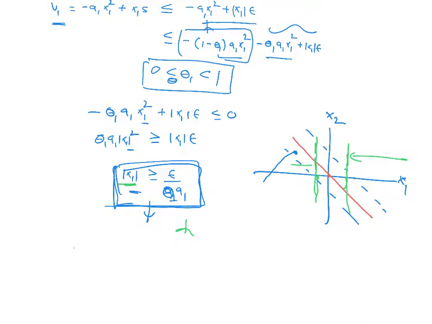Yeah, because v1 dot is minus a1 minus theta x1 squared, right? Because of this your x1 trajectories definitely will decrease. So let's say I came here, but then it will start decreasing and come here, right?